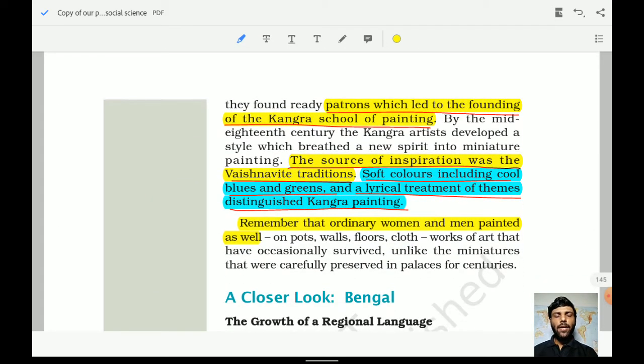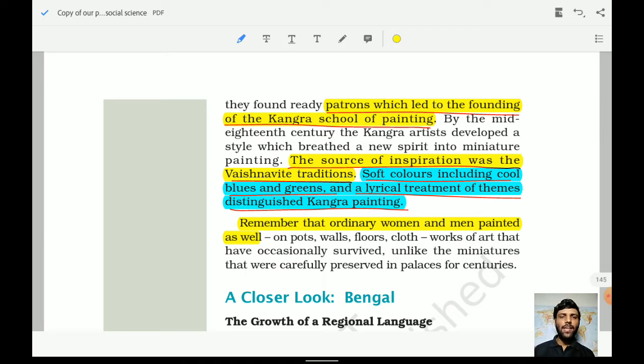So how did the Kangra School of Art come into existence? The patronage given by the people who came from the plains led to the foundation of the Kangra School of Painting. Okay, and the source of inspiration was the Vaishnavite tradition.